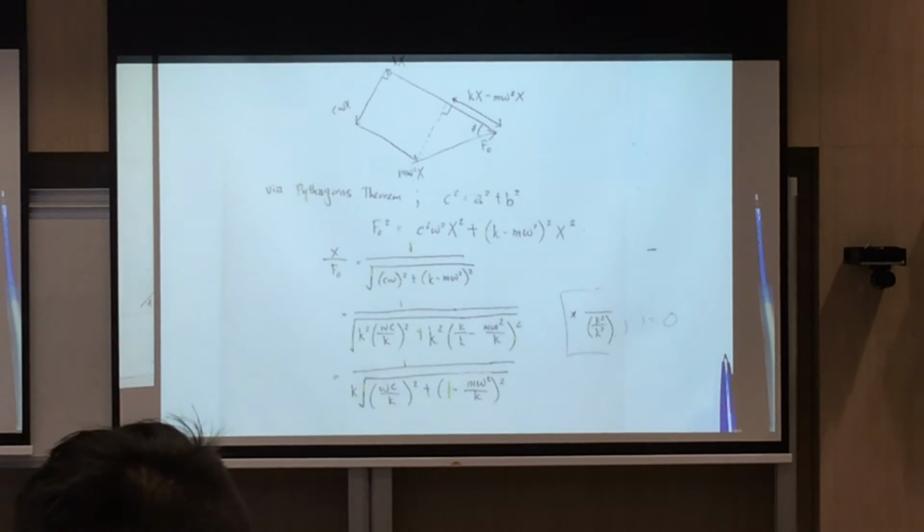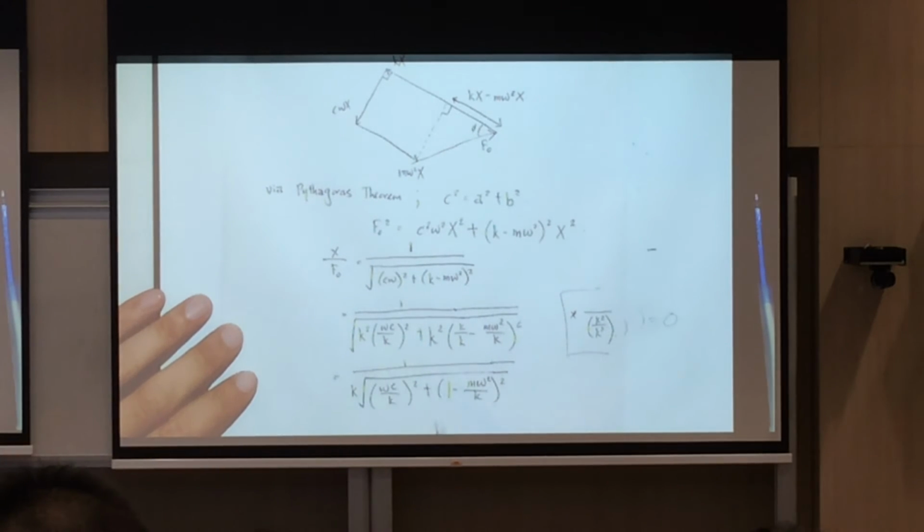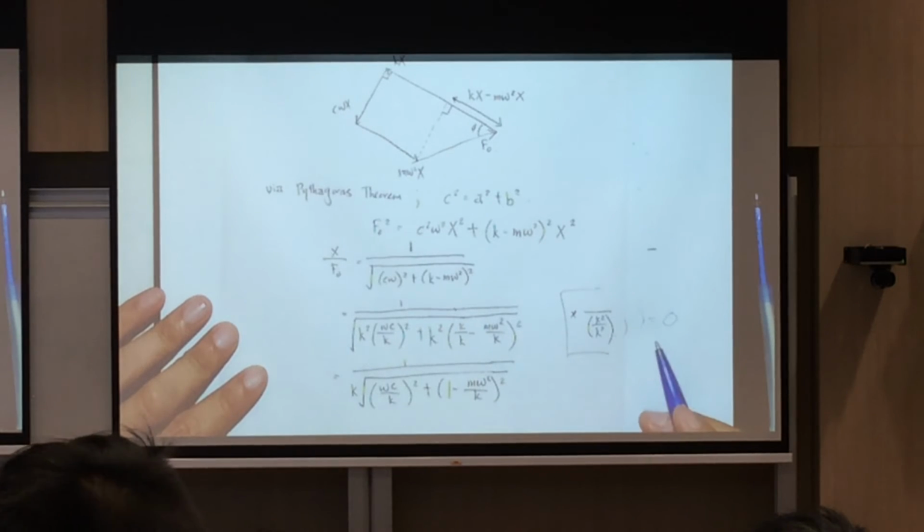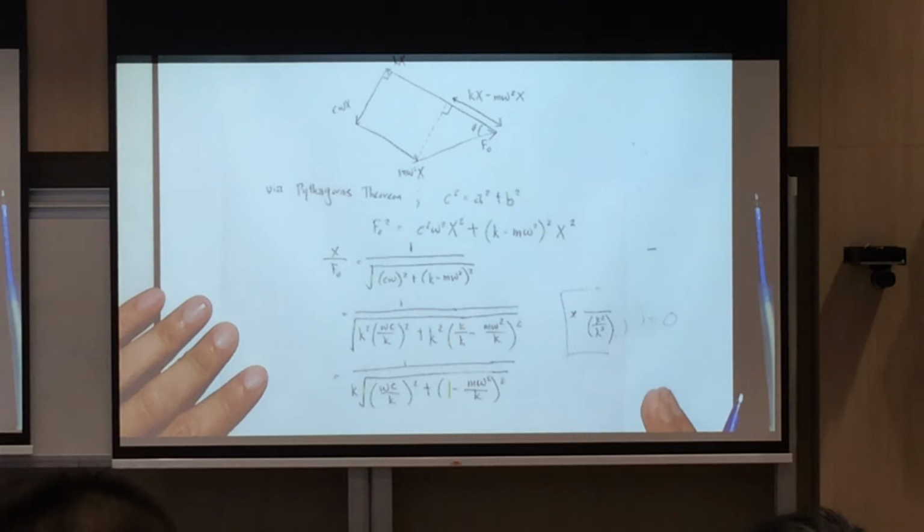No, you cannot. If you want k squared here, you multiply by k squared over k squared. Why I can do this is that k squared over k squared is 1. I'm multiplying by 1, I'm not affecting the equation at all.